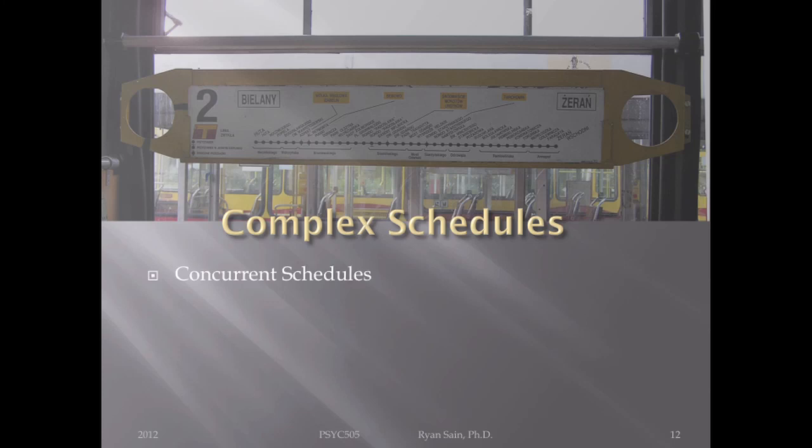So concurrent schedules, the complex schedules page here, this is more about how we really behave in the real world, because all these little schedules up above combine to make our life. So concurrent schedules: 2 or more contingencies, 2 or more behaviors, happening at the same time. I can choose to go to Zahan, or I can choose to go to Biani. Okay, I can choose either one of those. Right?